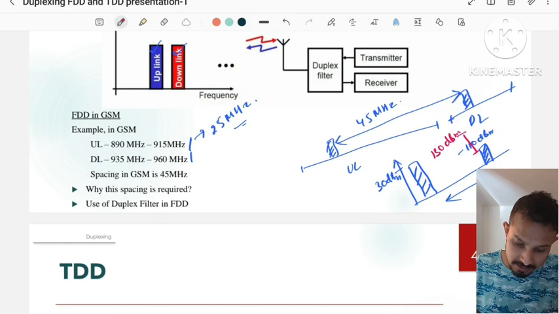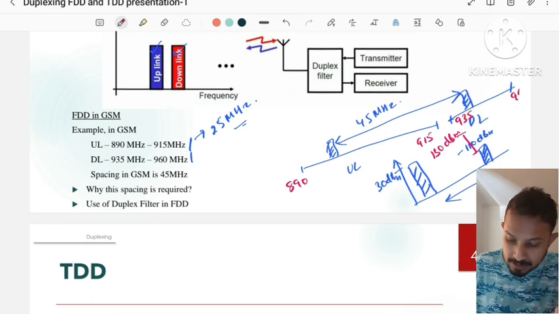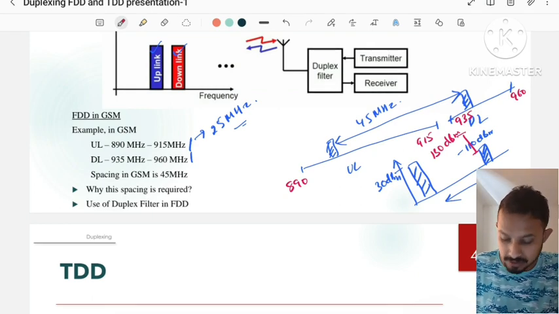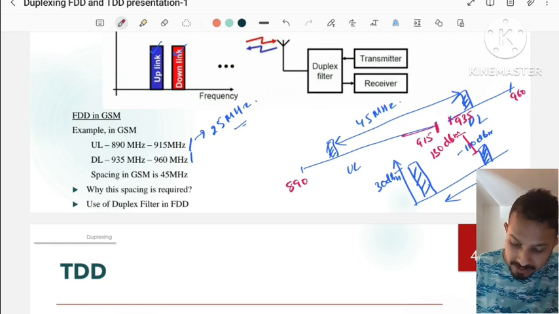To ensure that this never happens, we introduce a band pass filter. If the bands are 890 to 915 and 935 to 960, the filter behaves as a stop band up to 935, and after 935 it behaves as a pass band.